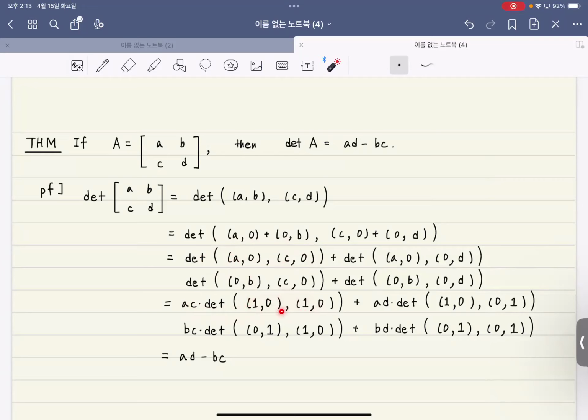The same thing is true for the second term: I have A and D here, so AD goes out of the determinant, leaving the determinant of 1, 0, 0, 1. The determinant of the third term is B times C, determinant of 0, 1, 1, 0. And finally, this is B times D times the determinant of 0, 1, 0, 1.